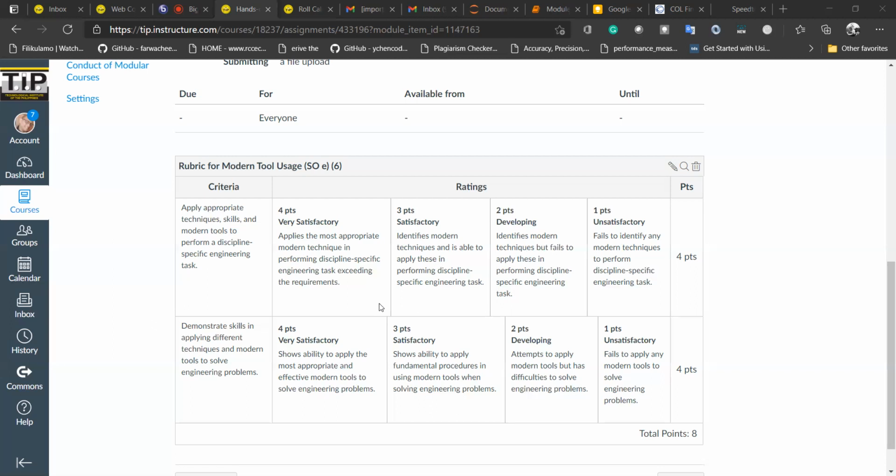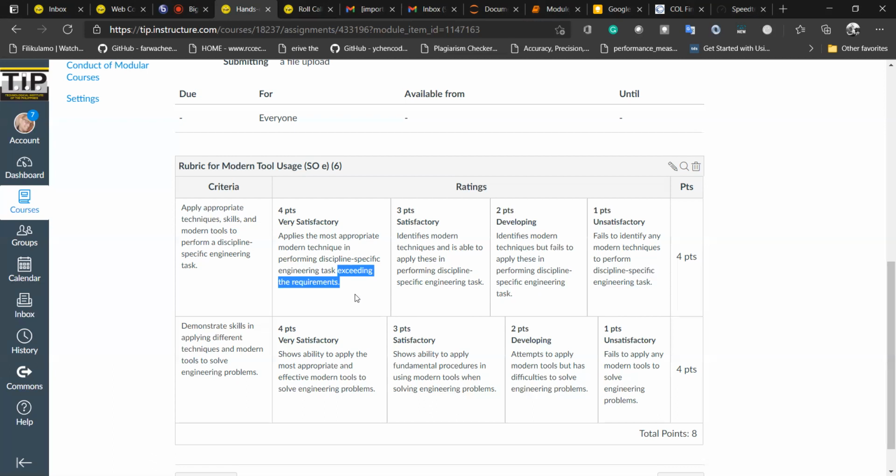The score of very satisfactory tells us that you have to apply the most appropriate modern technique in performing the discipline-specific engineering task, and this is your activity. And you need to exceed the requirements. So when you submit something, make sure that you exceed the requirements.